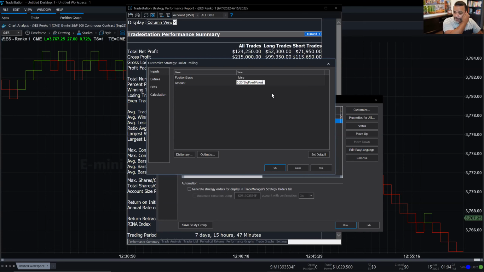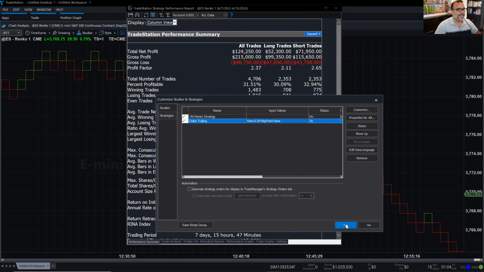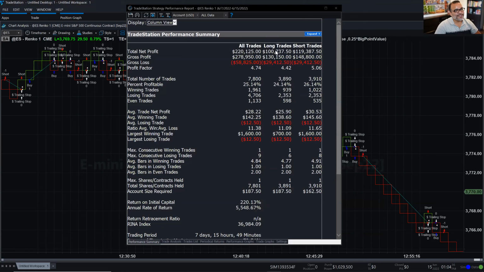So I do want to track the quarter of a point, but as it relates to value. So the big point value on the S&P E-mini is 50, which means that for every point that it moves, that is worth $50. A quarter of that will be $12.50. So this trailing stop is going to be pretty much tracking that. When it moves $12.50 against you, it's going to exit the trade. Let's go ahead and put that on and close. And this is what happens.